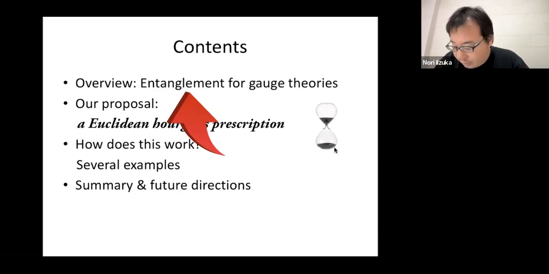That I will review quickly, but the goal of my talk is not to develop that aspect. We give an alternative prescription for how to calculate the entanglement entropy for the gauge theory, which is different from Sandeep's work, but the result is consistent with what he did. So that's the global picture of it.